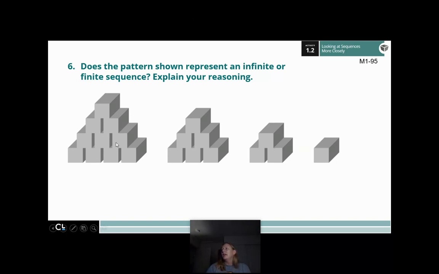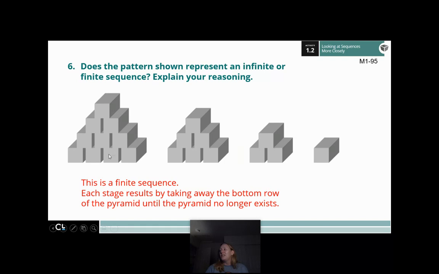So it looks like stages 1, 2, 3, 4, 5, 6, 7, 8, 9. So I went from 10 to 6 to 3 to 1. Does it keep going or do I have to call it done? I don't know about you guys, but I realized I had to call it done. This is a finite sequence.